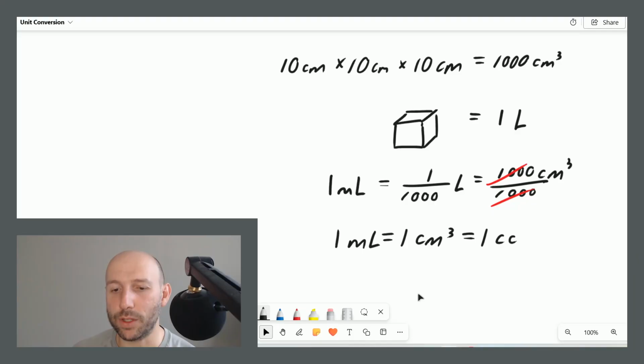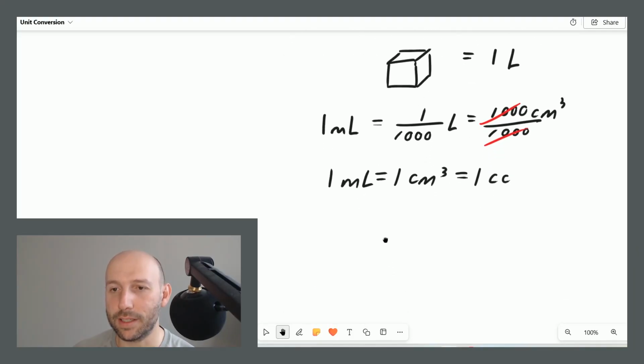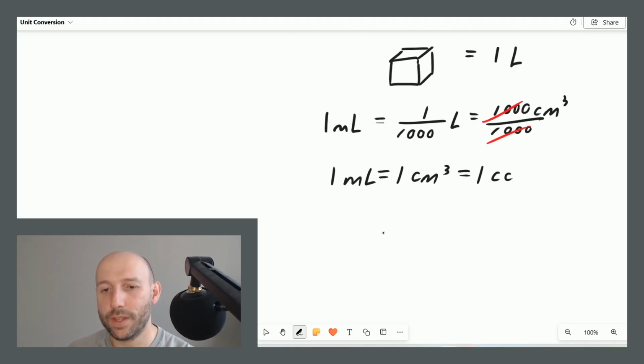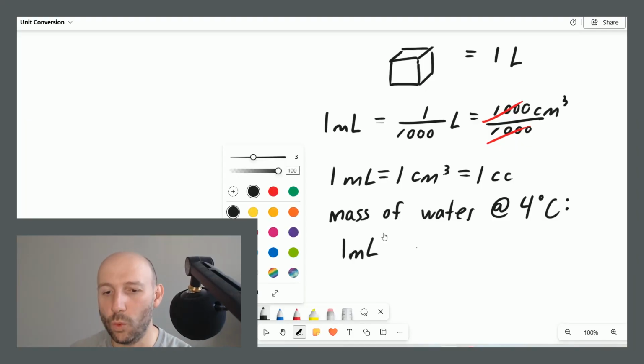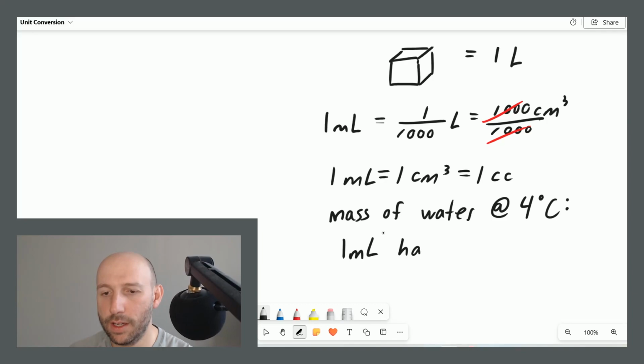Now, how that relates to mass is as follows. The mass of water at approximately 4 degrees Celsius, which is where water has its maximum density, is such that 1 milliliter of water has a mass of 1 gram.